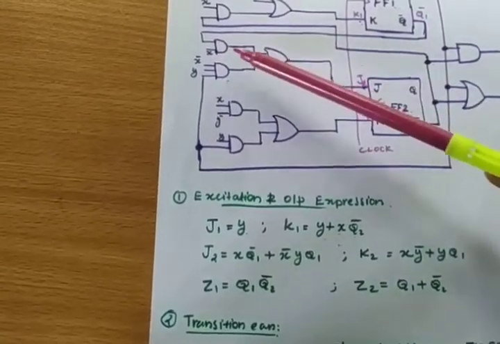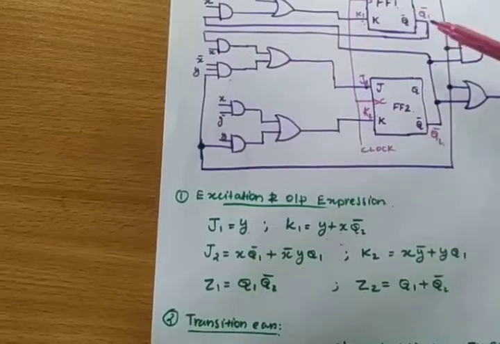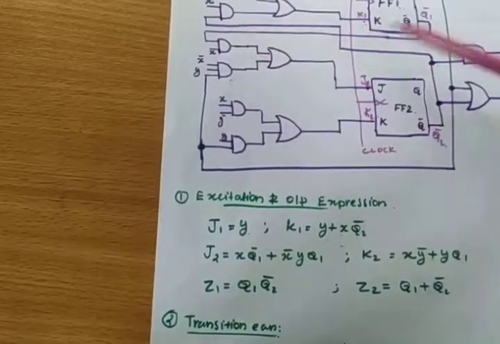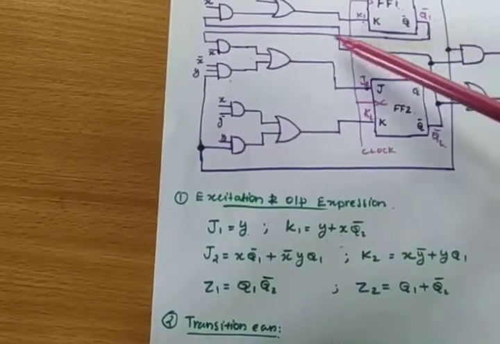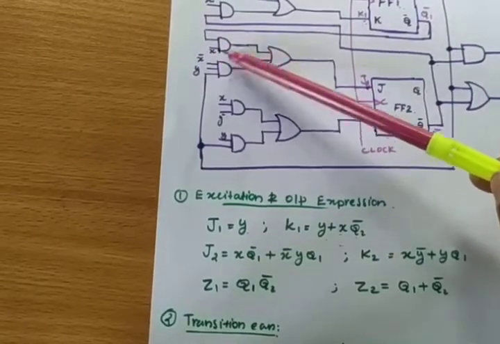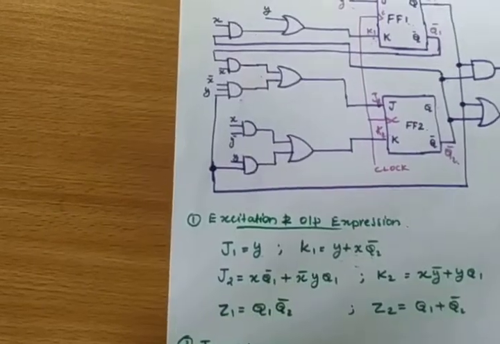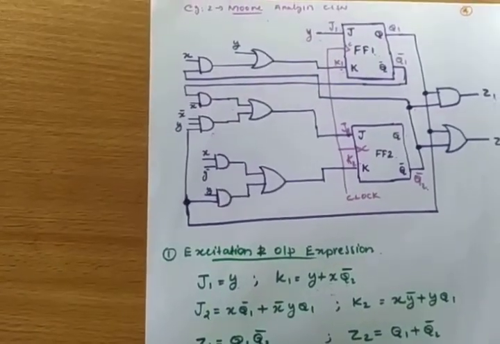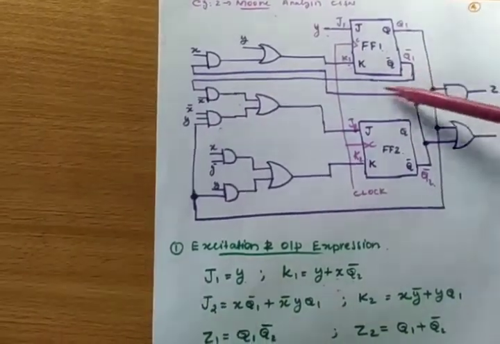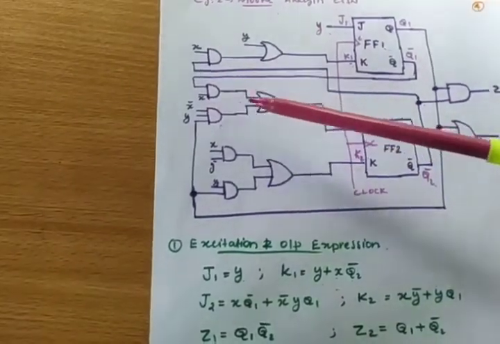So how can we write J2? J2 is equal to X into Q1 bar. This Q1 bar comes from here to this input.